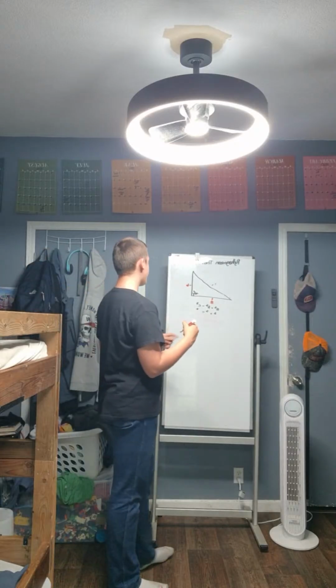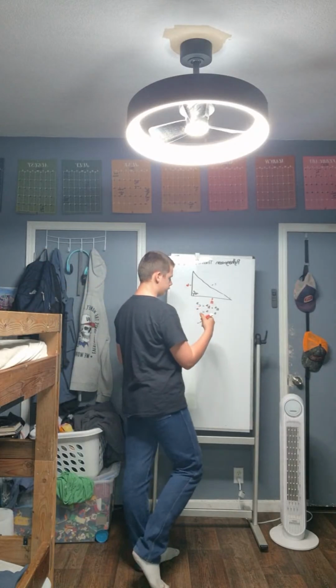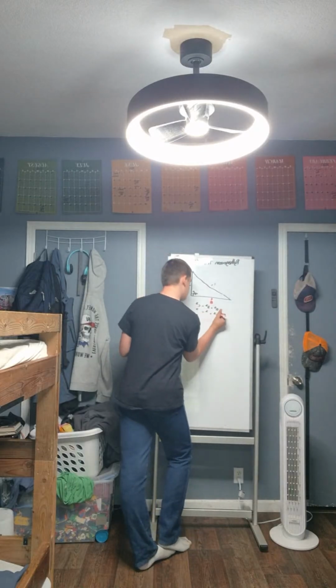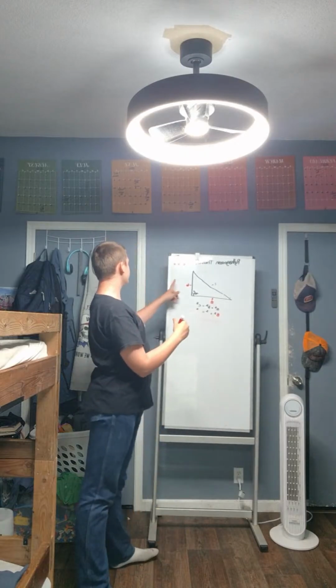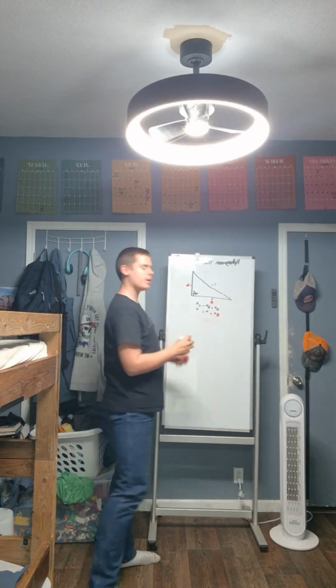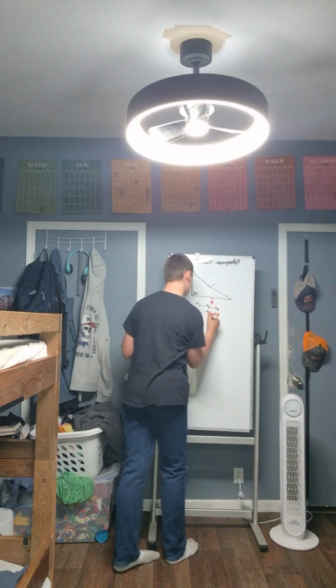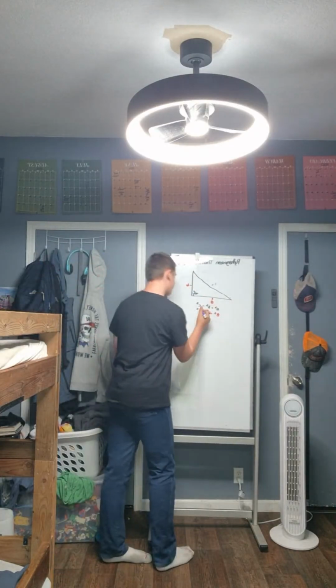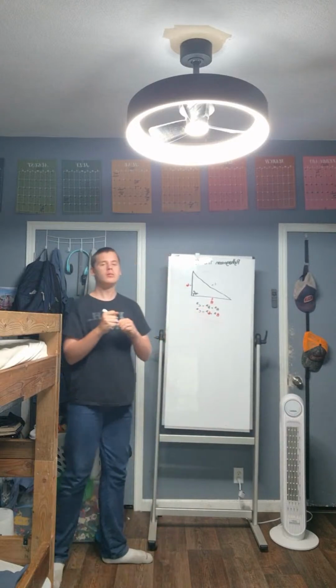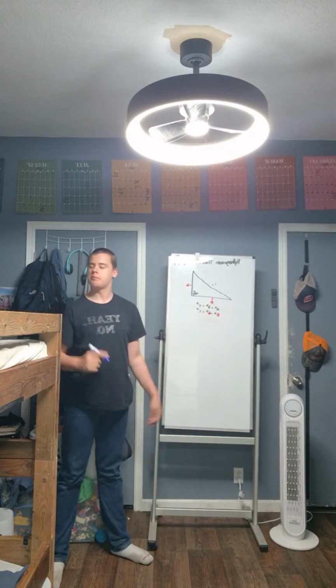So a is 8 or 6, whatever you want. B is 6. Since c is the missing number, we could just leave it how it is, okay?